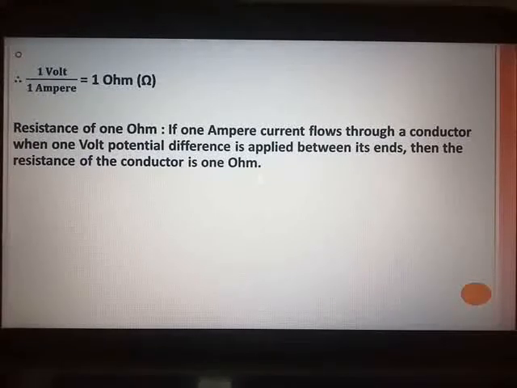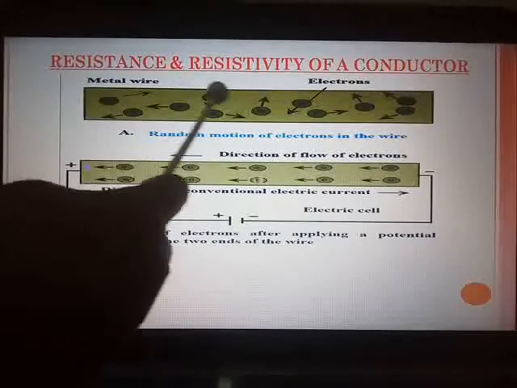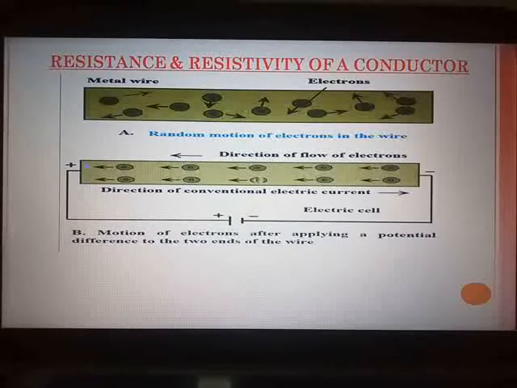Our next topic is resistance and resistivity of a conductor. What do you mean by resistance? As I have told you, we had seen in this figure previously that there are a large number of free electrons in a conductor. You can see here in a metallic wire, a large number of electrons are in a state of random motion.